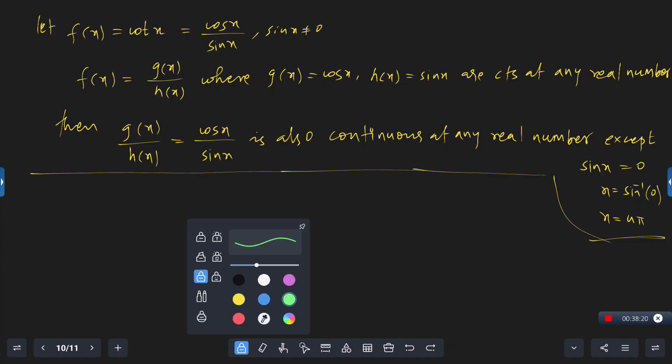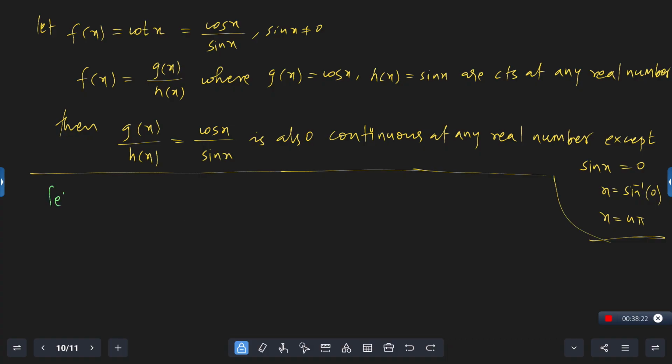Tan also I will give. So let f of x be equal to tan x. Tan means sin x divided by cos x. If you have prepared that sin and cos are continuous, all the other 4 functions you should learn. Here cos x must be not equal to 0.